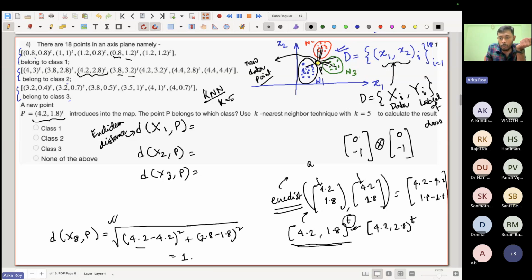Now for the Hadamard product, the element wise dot product, until and unless you pass the data in the transposed format, it will not be able to do the dot product. So when you do the dot product, it will be 0 multiplied with 0, and then the next term would be minus 1 multiplied with minus 1. That is why it is 1.